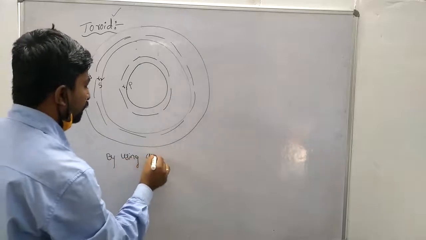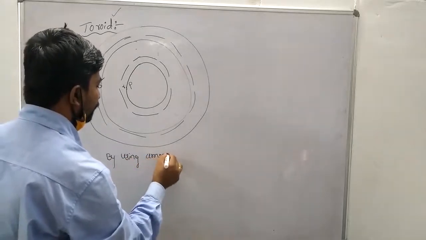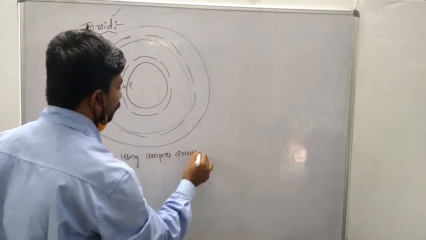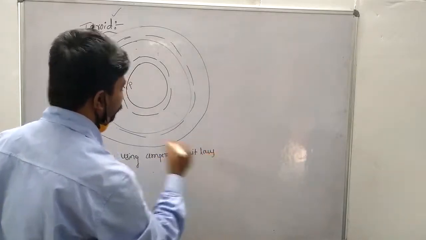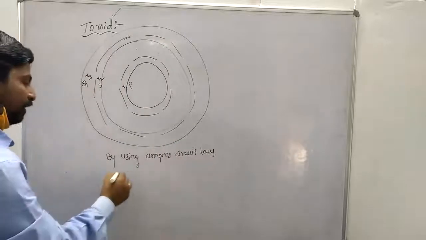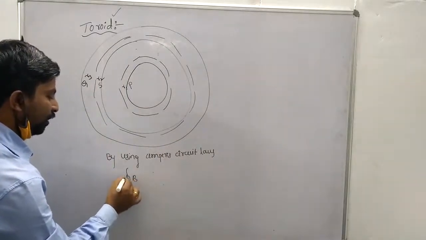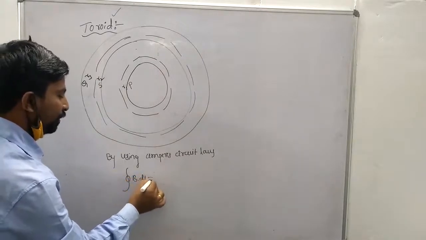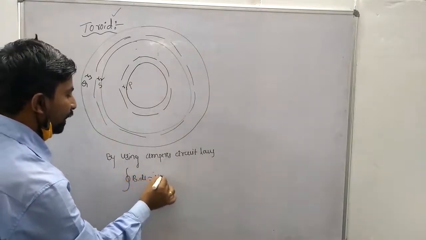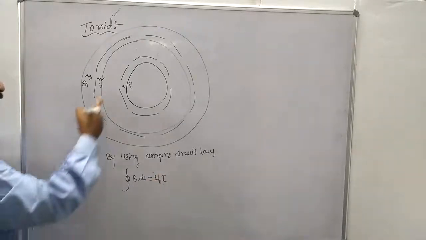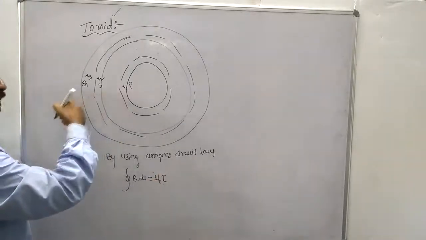So again by using Ampere's Circuit Law, in the same way as we derived for the solenoid, we must derive for the toroid now. By using Ampere's Circuit Law, again the line integral of magnetic field B around a closed loop must be equal to mu naught times the net current passing through that loop. Here I have taken 3 Amperian loops, isn't it?